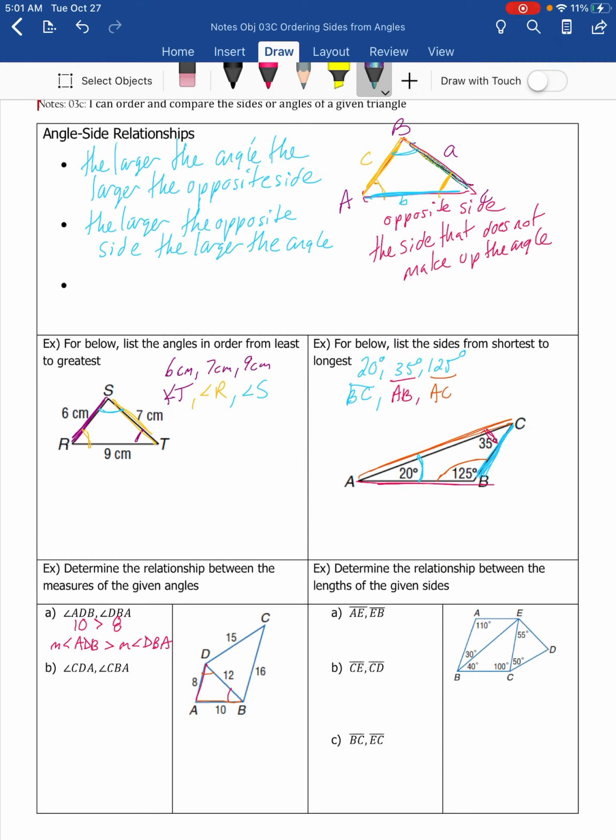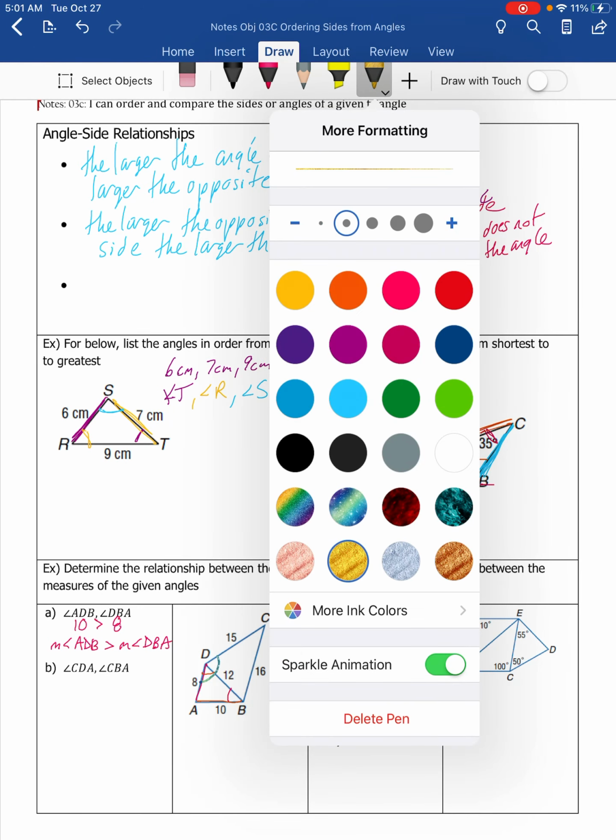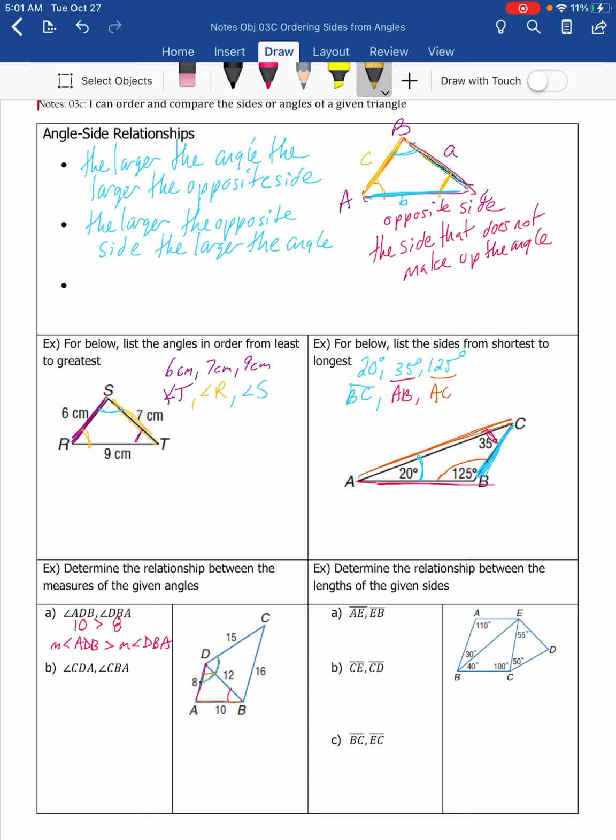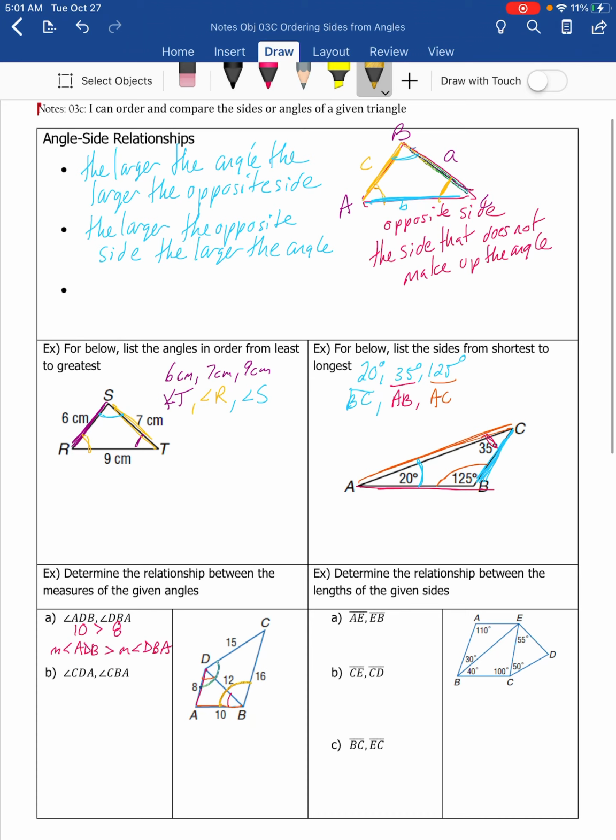Okay, so the other one is CDA, this whole angle here, and the other one is CBA, this whole angle here. That one's a little bit trickier, but what I want you to remember is this angle here was larger than this angle here, right?